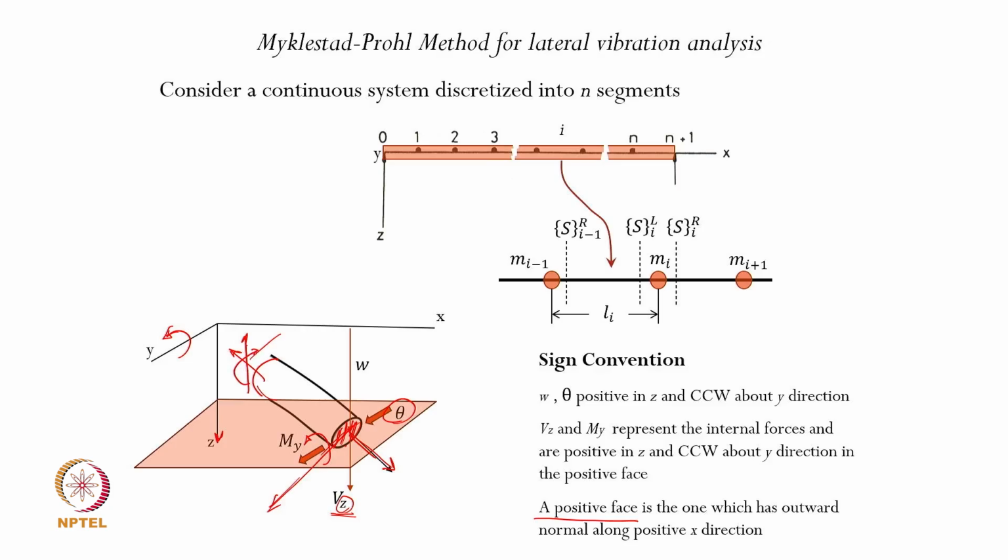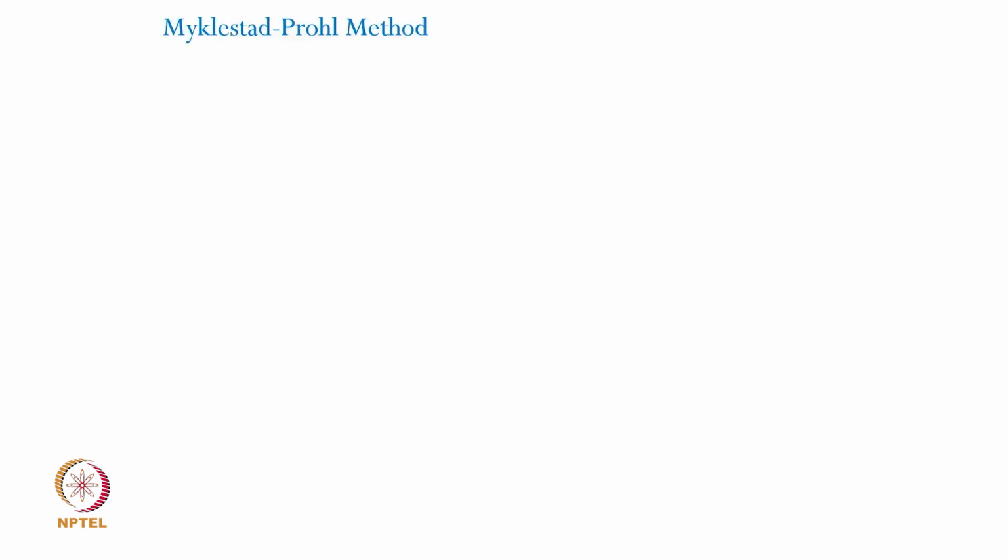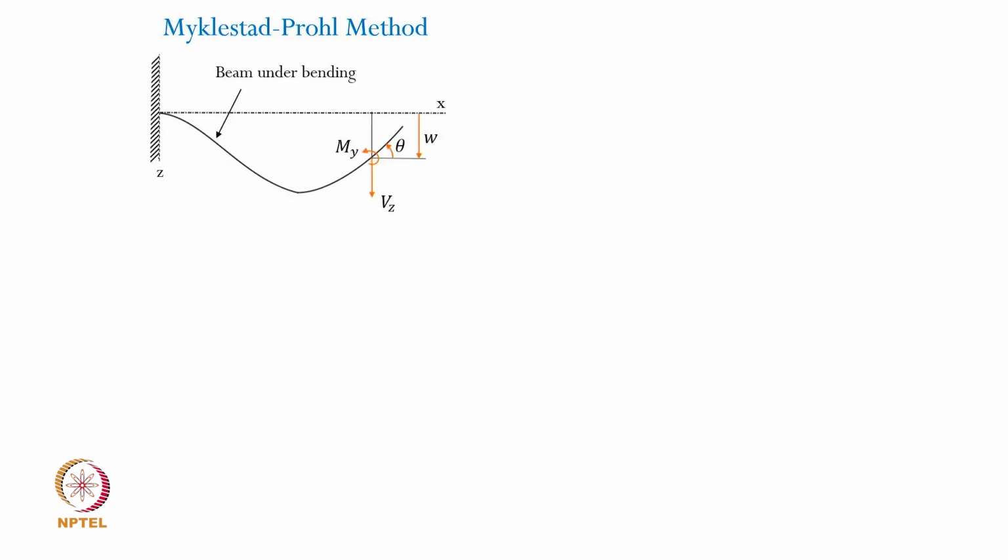With these sign conventions and all the state variables defined, let us look at how we arrive at the appropriate matrices which relate the two state vectors. Any beam under bending, as an exaggerated view of it, can bend in different ways. So this is any arbitrary deflection shape of the beam under bending, although it is shown as a cantilever, it will apply to beams of different end conditions.